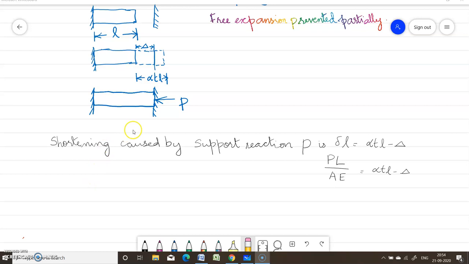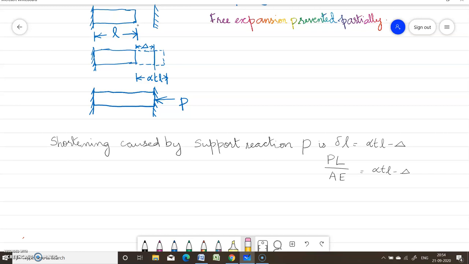Now we'll see what will happen if free expansion is prevented partially. As in the case of this member, you can see here free expansion is prevented partially. That is, we are providing a fixed support in between the complete expansion.